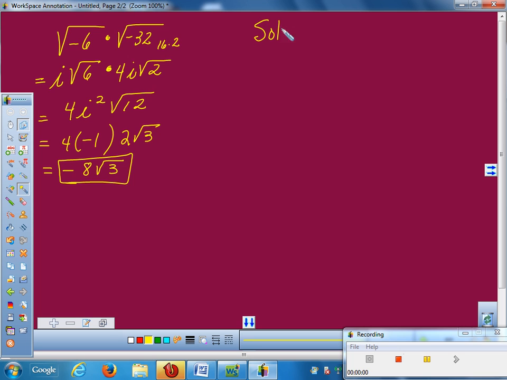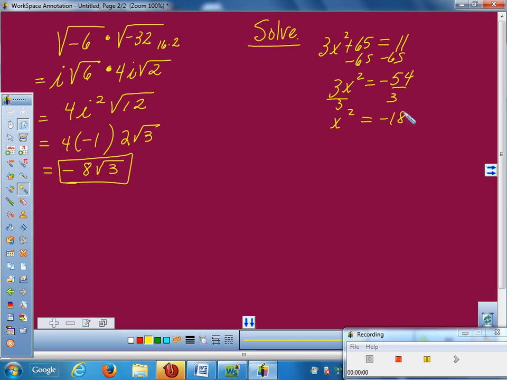This other one is the exact same thing as what you just did on your last assignment, except there might be an i involved. If I say solve for x, same thing we did yesterday, I solve for x. Yeah, normal solving. Subtract 65 would give me a negative 54. Then what? Divide by 3 would give me a negative 18.